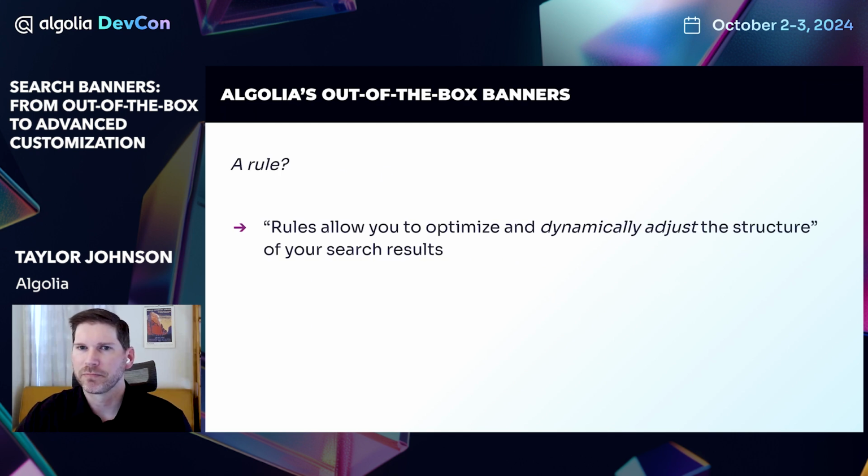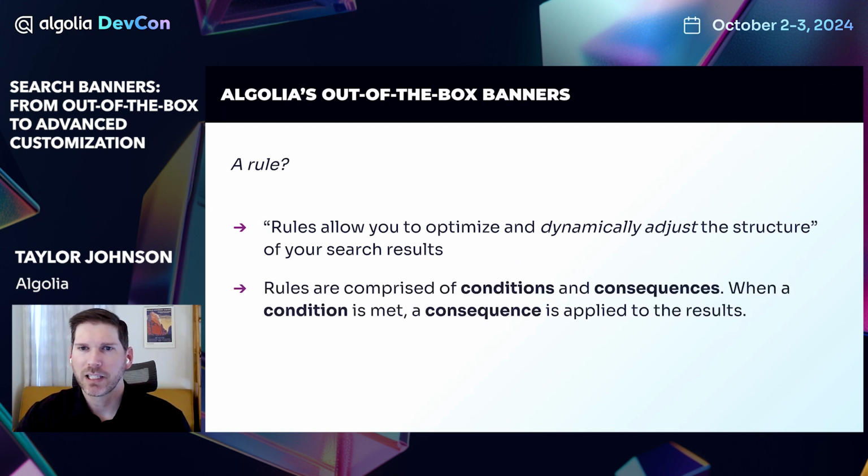What do I mean by a rule? Rules allow you to optimize and dynamically adjust the structure of your search results. Specifically, they're made of conditions and consequences. When a condition, like a search query, is met, a consequence, like the ability to display a search banner, is applied to the results. Check the link below for our documentation.